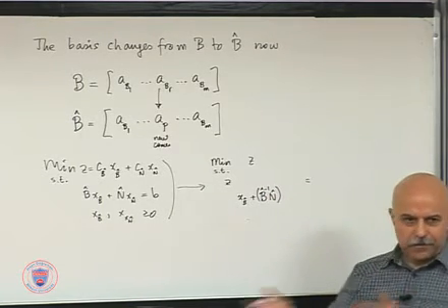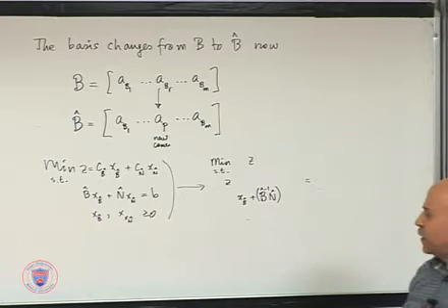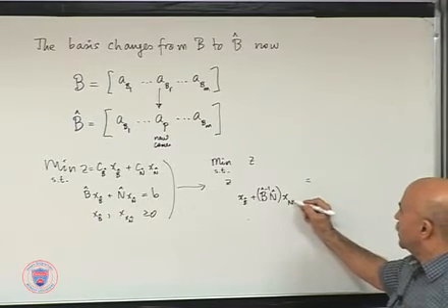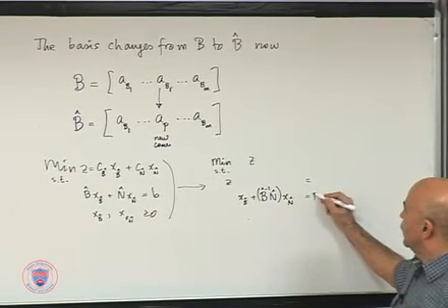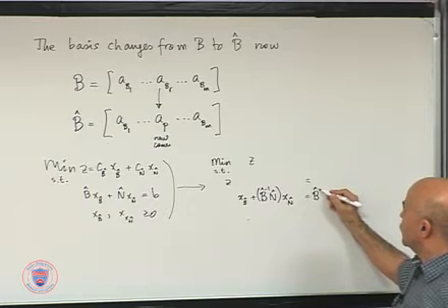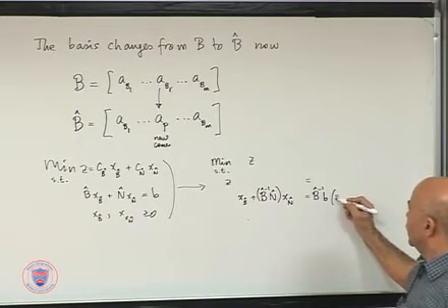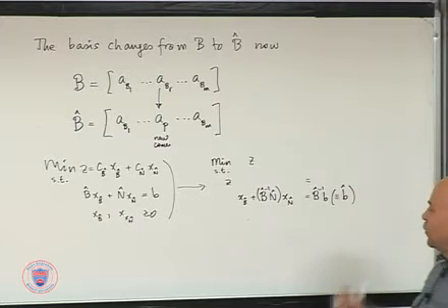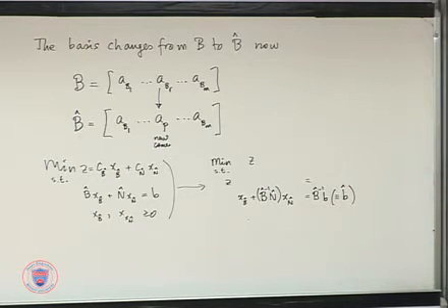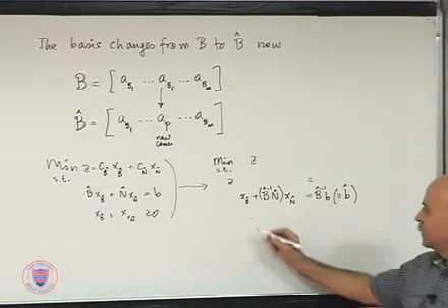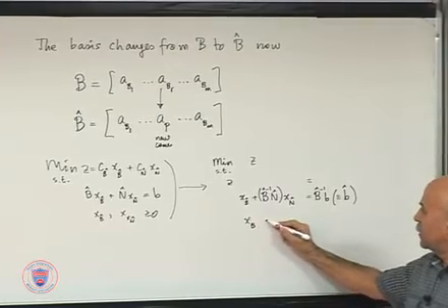N cap is, of course, again, one column is changed. x_N cap equals B cap inverse times the original b, which is, let's just call it b cap, okay? With non-negativity still imposed.